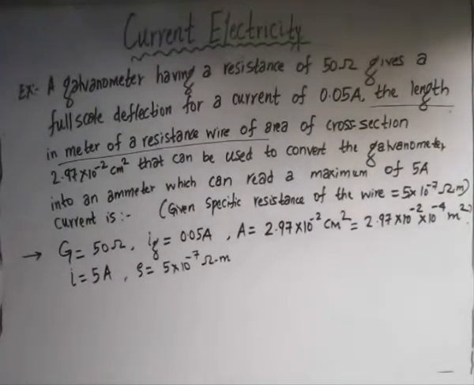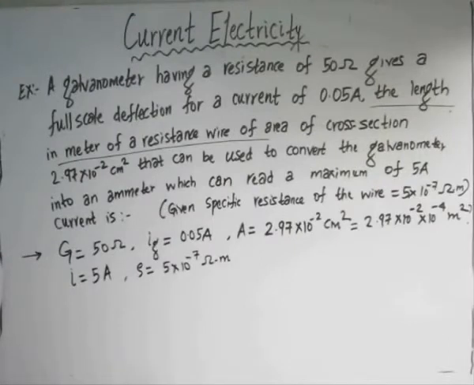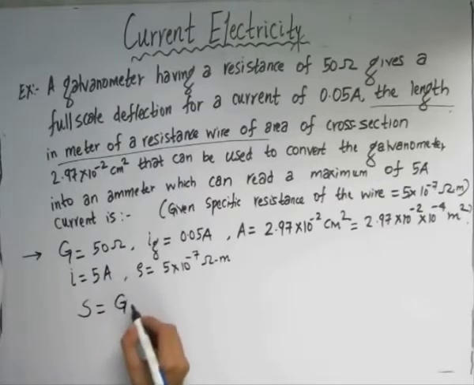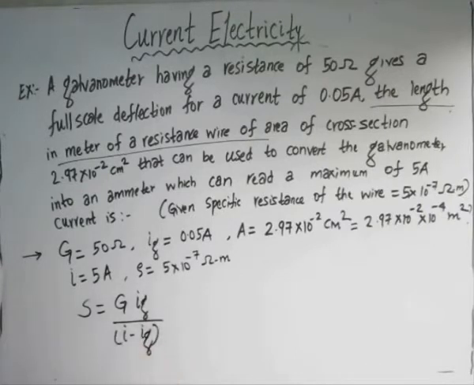First we will find the value of the shunt resistance which has to be connected in parallel across the galvanometer.